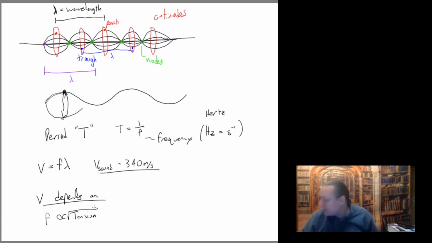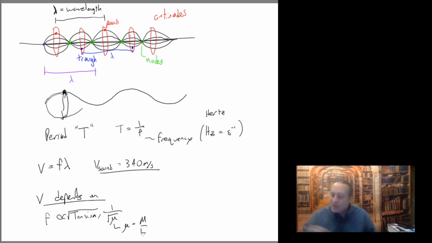This is probably easier to see on a guitar. I don't have my nylon string guitar here, but the fat strings, the low strings, the low E is a fat metal wound string, but the G string is also fat. It's just made of a different material. It's made of nylon, which is a less dense material. So it's proportional to 1 over the square root of mu, where mu is the mass divided by the length.